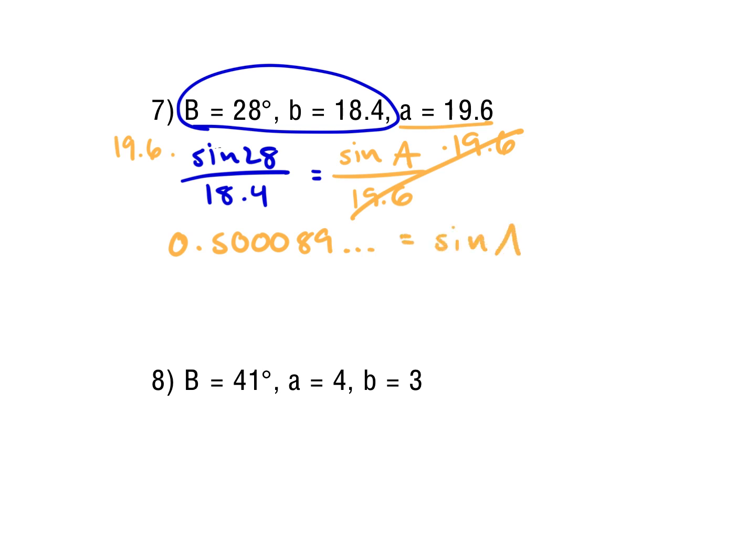This isn't our angle. What do we do to find the angle? Inverse sine. So we do the inverse sine of that answer, and we get 30.00, which I'll just call 30 degrees.